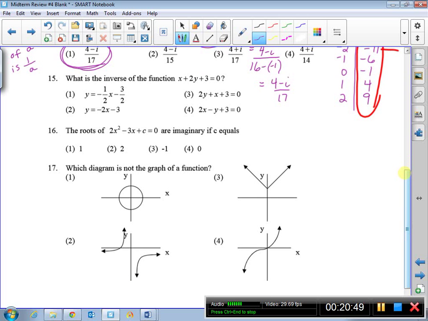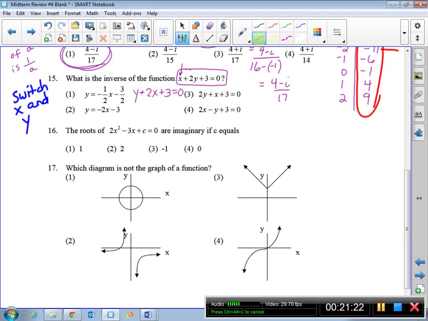And it says, what is the inverse of the function? Inverse of the function. Switch x and y. And then we typically solve for y. So let's see what we have. Instead of x equals 2y plus 3, I'm going to have, oops, sorry, I said that wrong. We're going to put y plus 2x plus 3 equals 0.